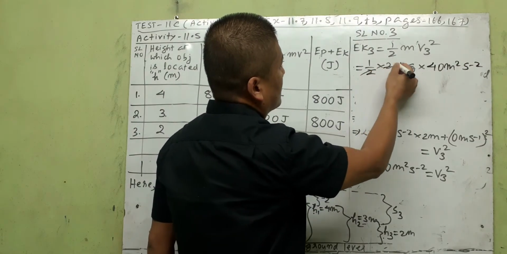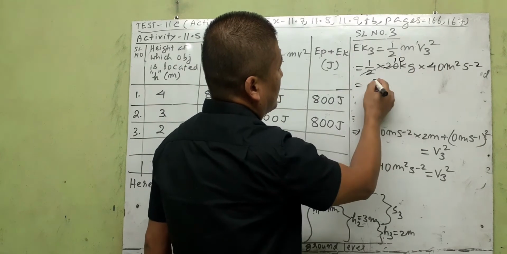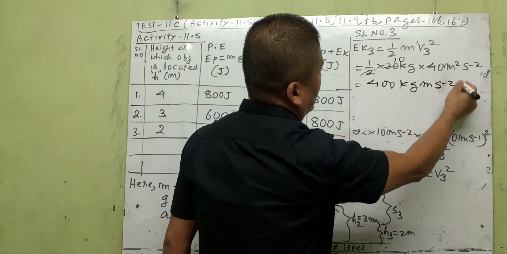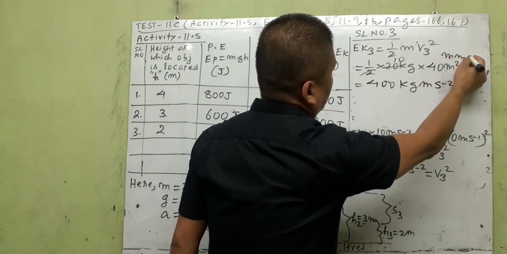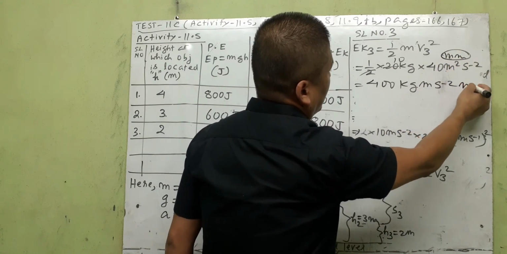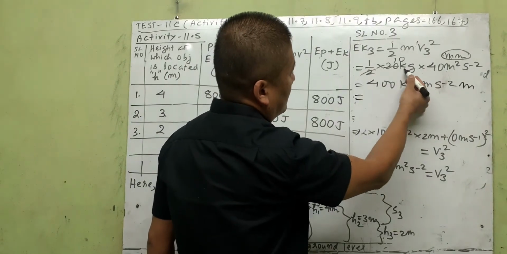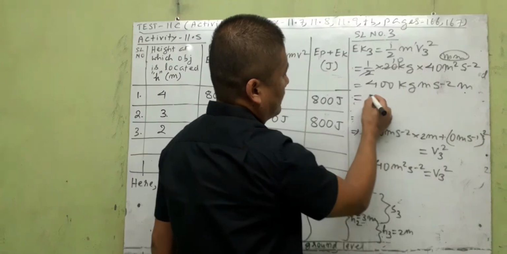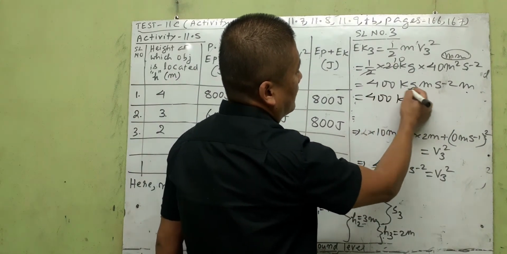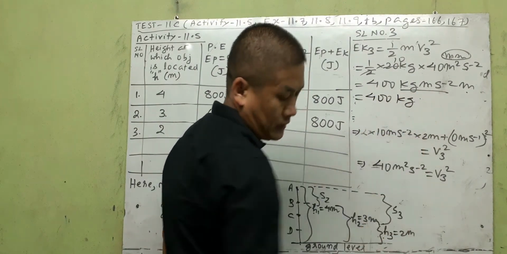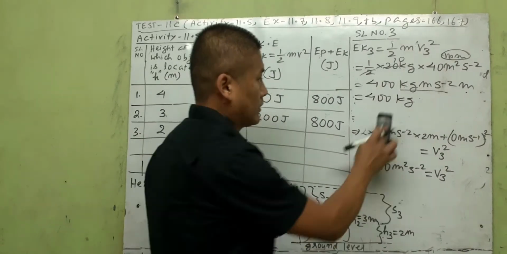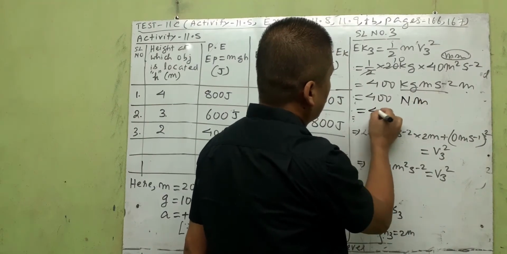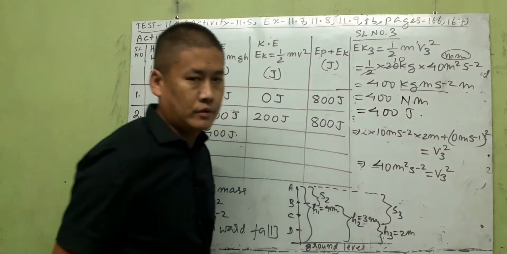So this 2 can cancel this 10, then 4 tens are 400 kg meter per second square, and meter square. One meter can go back here, kg meter per second square, and then we can adjust it to show this kg meter per second square as Newton meter, which is basically 400 joules.